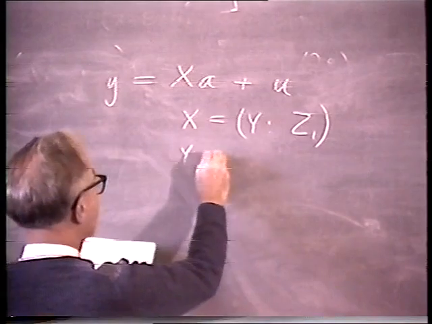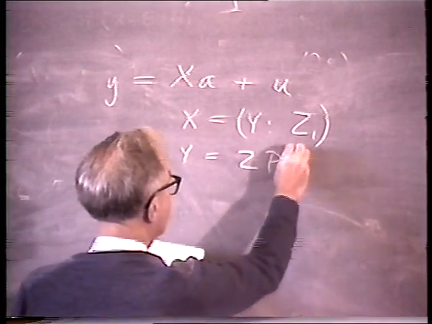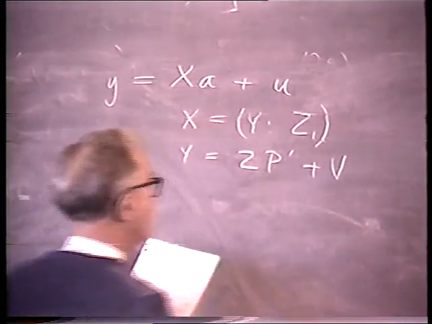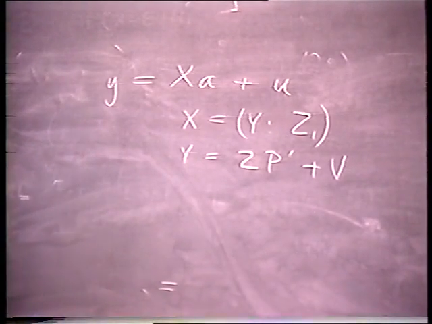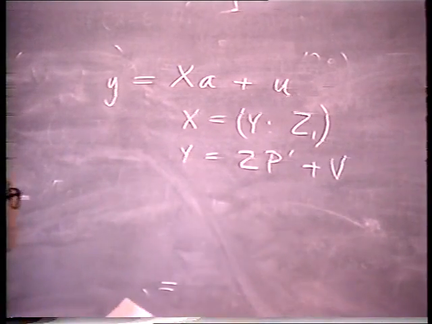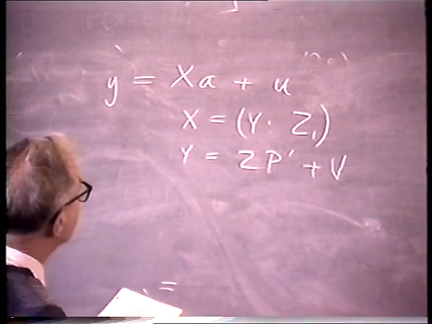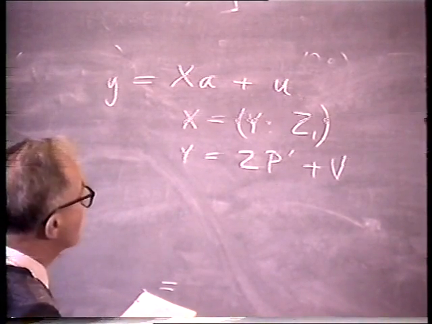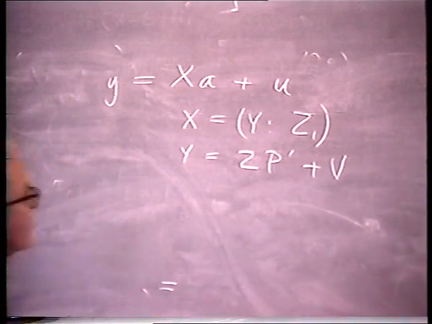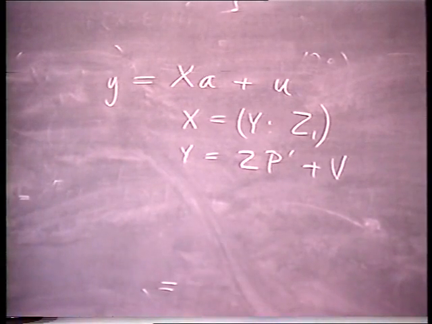And I write the reduced form equations for the y's in terms of a complete set of z's in this form. And in fact, for simplicity, I've specialized on the case where it's two-stage least squares.